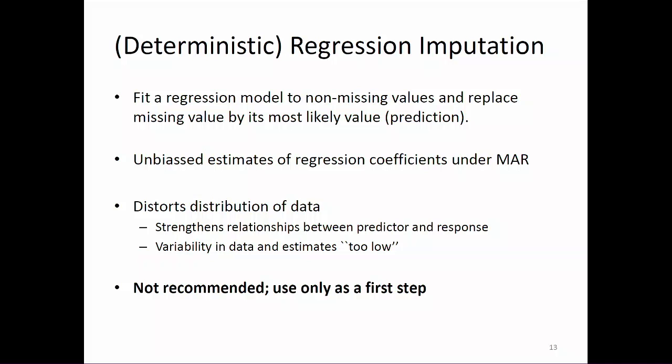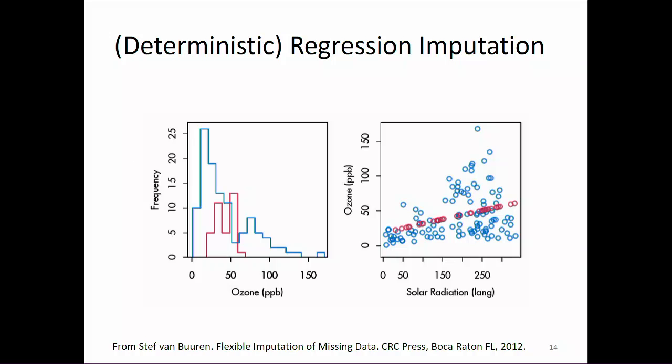Okay, so you're taking into account the relationship, but again, you're distorting the data in very much the same way as the mean imputation. Here, the distortion is that you're artificially increasing the strength of the relationship. And in a picture, this is what it looks like, right? All of these blue dots are your real data.